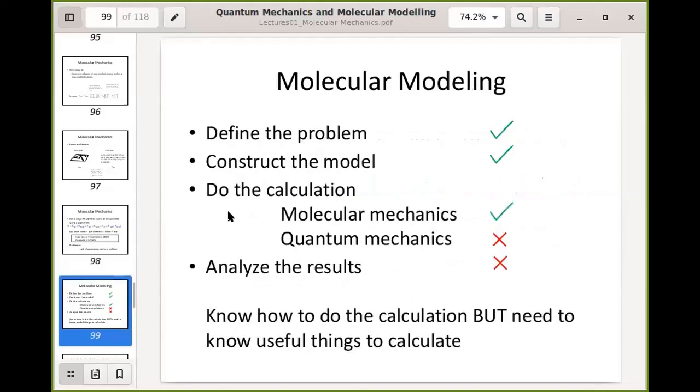Okay, just to give you an example of where we are: I've discussed defining the problem, constructing the model, and how that model is represented in terms of Cartesian coordinates or the Z matrix. And now I've given you a taste of how you can estimate the energy of a particular molecule simply by looking at the bonds, the angles, and the torsions, and maybe non-bonded bits between.